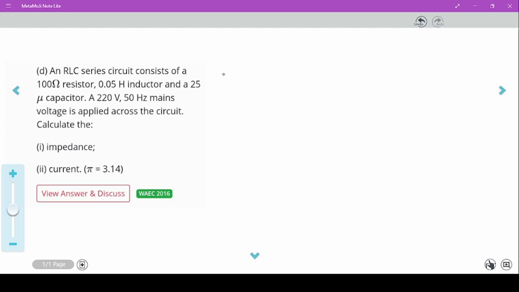Now, there is a formula for obtaining inductive reactance. Let's call inductive reactance XL. Okay, first let's highlight our solution. So XL is given by 2 pi FL, where we already know that 2 and pi are constants.